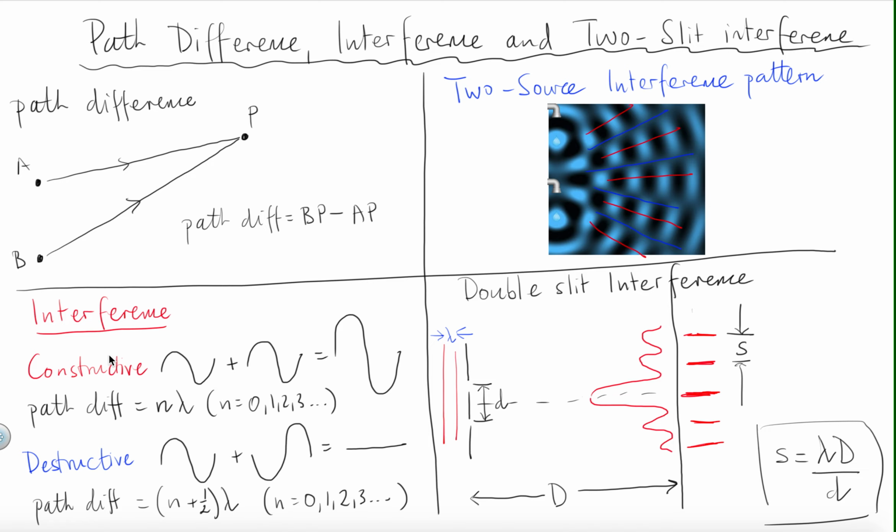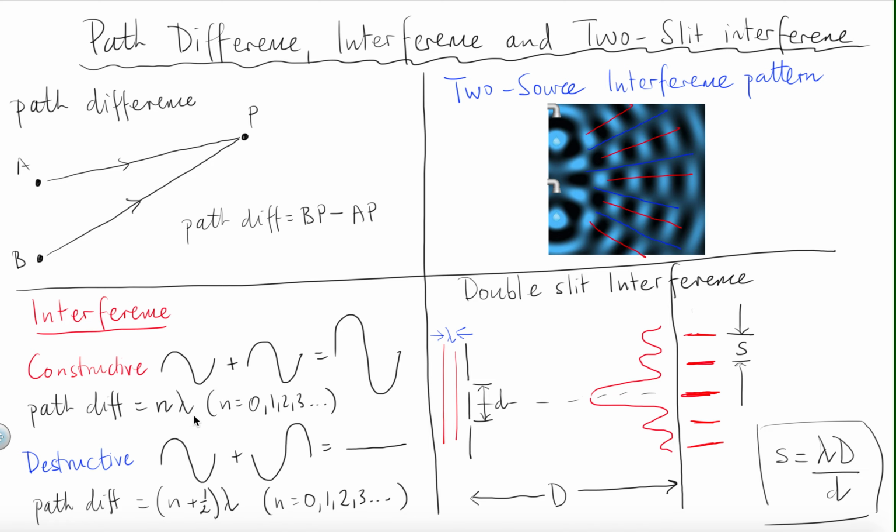If it so happens that the wave at P arrives in phase, i.e. a crest meets a crest and a trough meets a trough, they will interfere constructively to give a larger displacement. In this case, the path difference has to be an integer number of wavelengths.